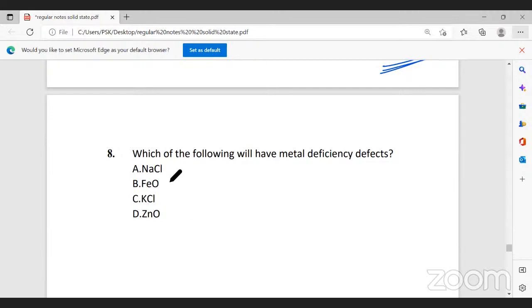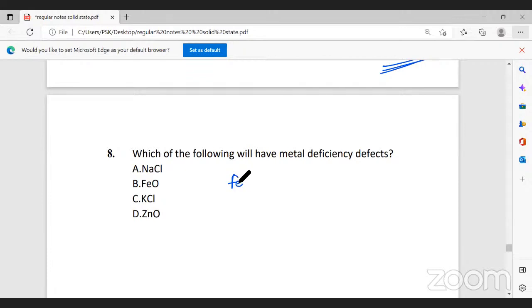Why? I don't know from where you're getting the answer, but you tell me the reason also. What's the oxidation state of iron?